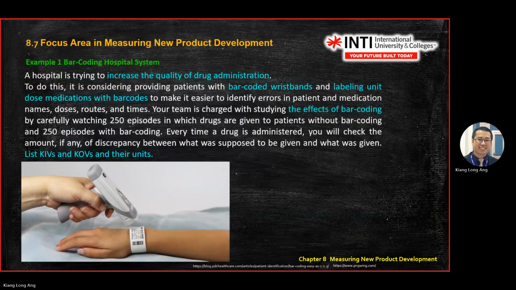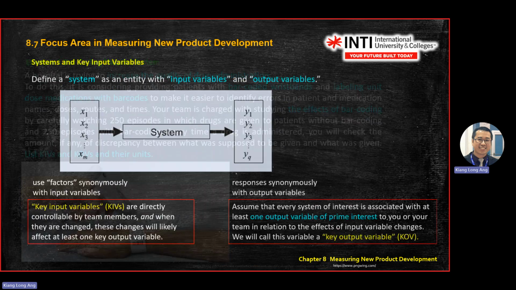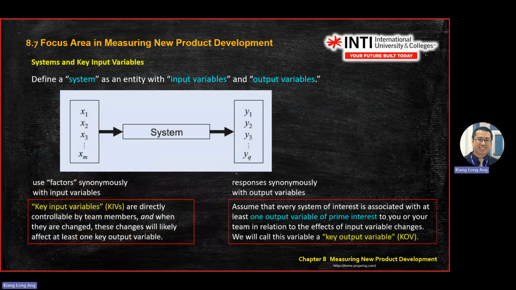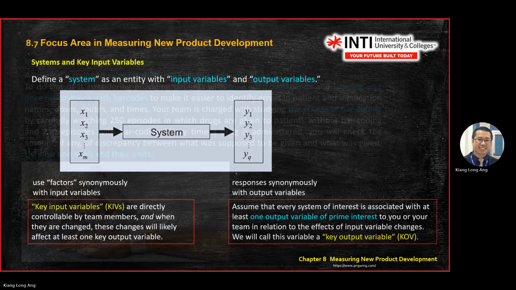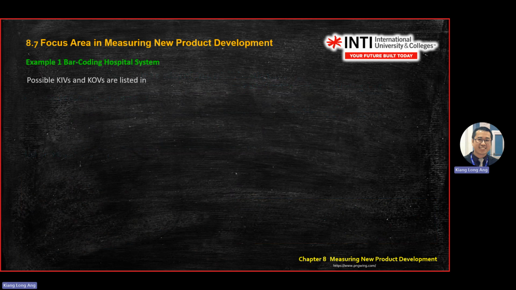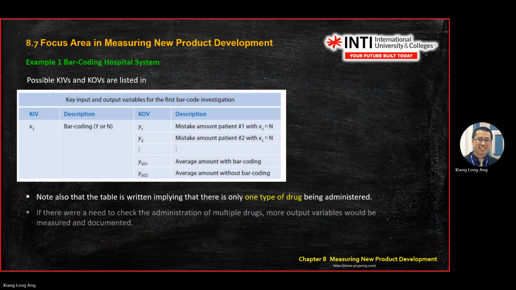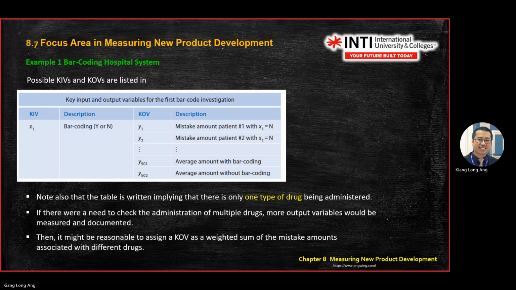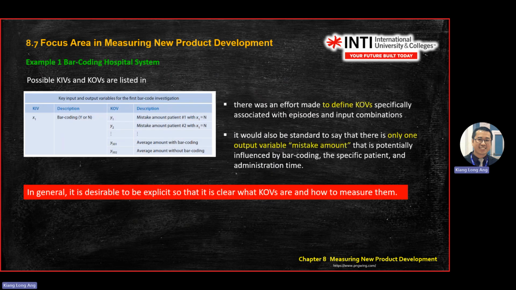Okay. So this one you read. There's an example of this system input and output. Okay. So this is just an example. Important that you know that a system has input and output. Okay, the rest you read if you're interested.